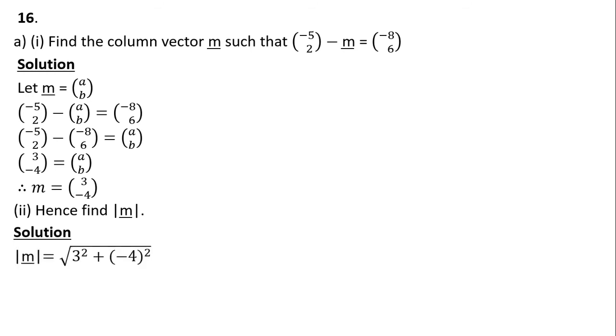So we are going to square 3 and square negative 4. The modulus is equal to the square root of 3 squared plus negative 4 squared. 3 squared gives us 9. Negative 4 squared gives us 16. So we have 9 plus 16, which will give us 25. The square root of 25 is 5.